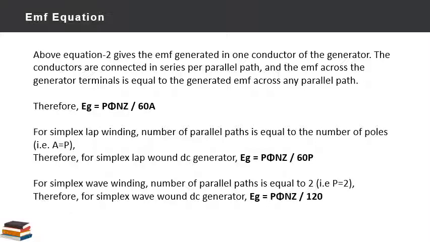For simplex wave winding, the number of parallel paths is equal to 2, meaning A is equal to 2. Therefore, for the simplex wave wound DC generator, Eg is equal to P phi N Z upon 60 into 2, meaning 120. So both formulas are used for numerical purposes. The main EMF equation of the DC generator is Eg equal to P phi N Z upon 60 into A. So this is called the EMF equation of the generator.